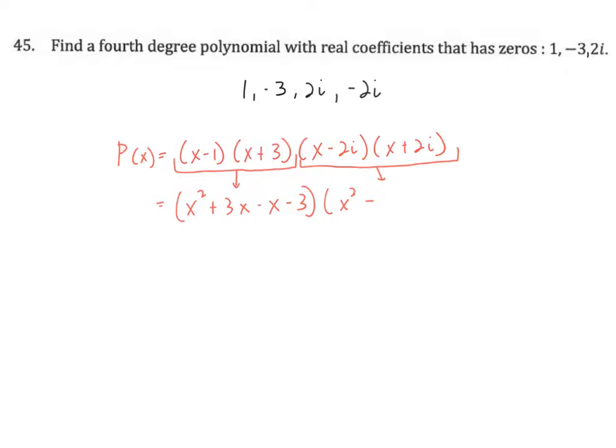So 2i squared, like that whole thing squared like that. Alright, and then we'll kind of simplify this before we do one more FOILing, but let's simplify it first.